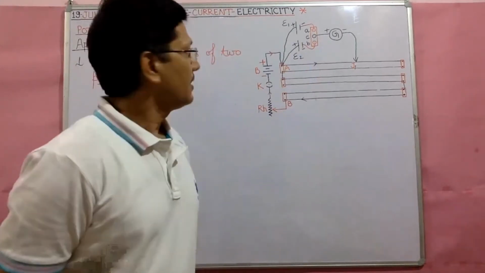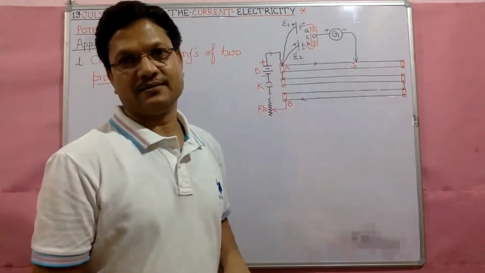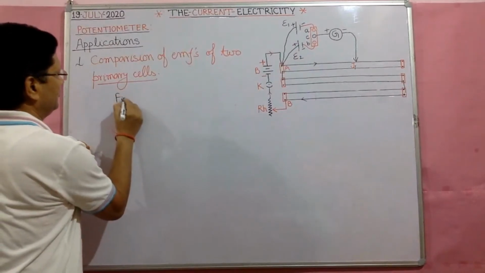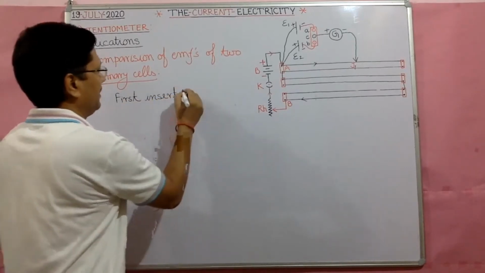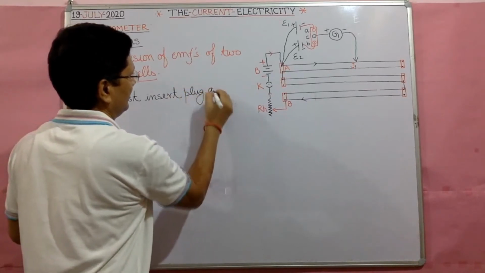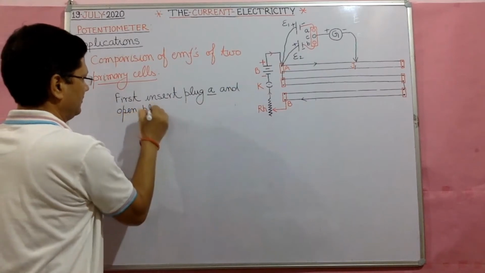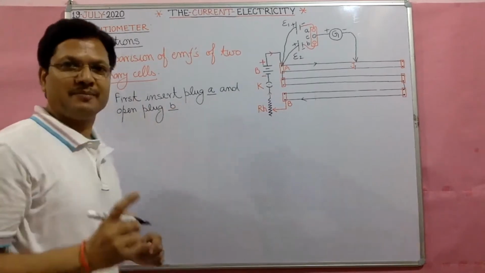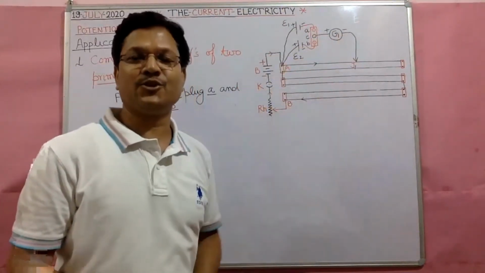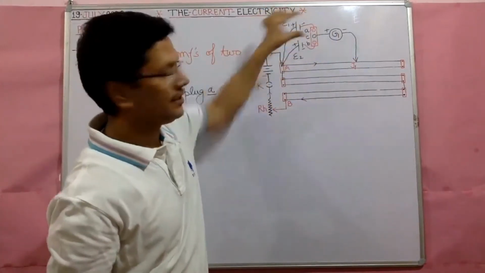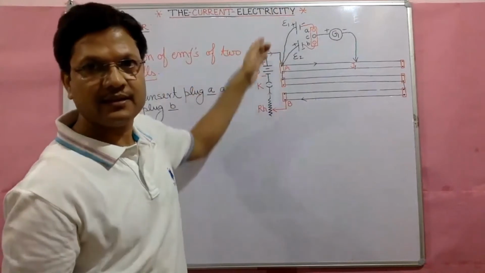So first, insert the plug in gap A and open plug B. Remember, insert plug A and open plug B. So cell E1 gets introduced in the circuit. हमने प्लग जो ये टू वे स्विच है इसमें यहाँ पे ए पर हम प्लग लगा देते हैं, ए में इंसर्ट करते हैं और बी को ओपन कर देते हैं, तो हमारा जो ये सेल है E1 ये सर्किट में कनेक्ट हो जाता है.